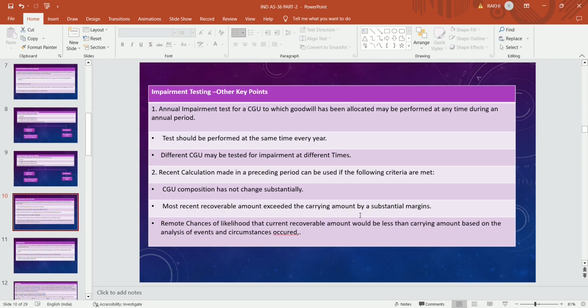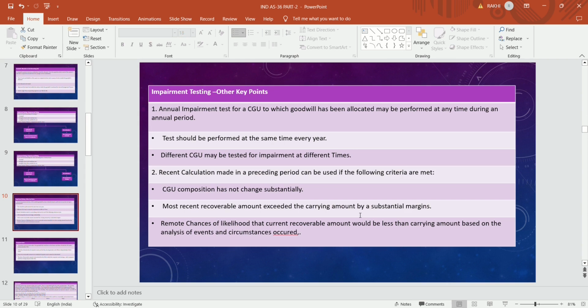Now, impairment testing, other key points. What are the important key points other than this? As we say, the annual impairment test for a cash generating unit to which goodwill has been allocated may be performed at any time during an annual period. Tests should be performed at the same time every year, and different CGUs may be tested for impairment at different times.